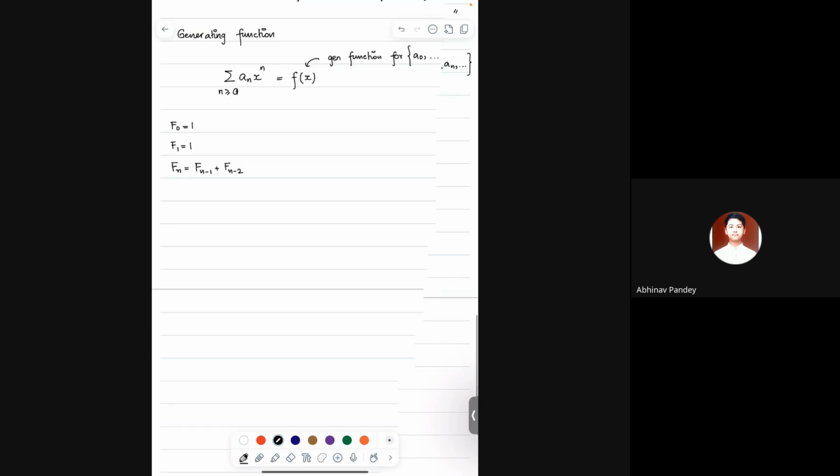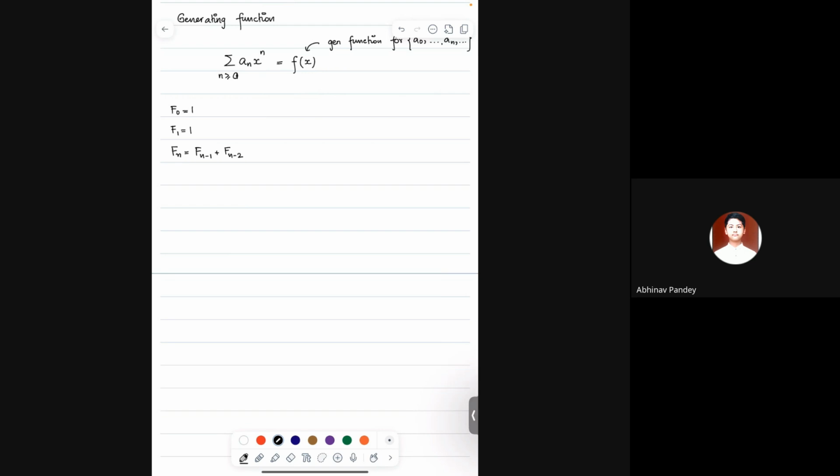So I have a sequence of numbers, right? This will go on till infinity. So I can think of f(n) x to the n. So I have this infinite series, and I want to write down what is the generating function for f(n).